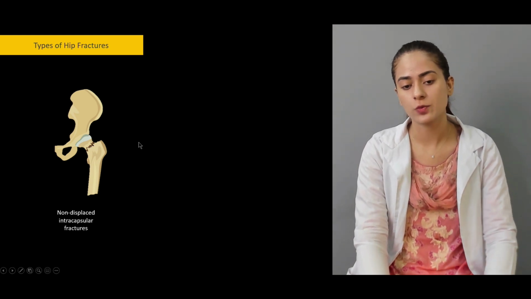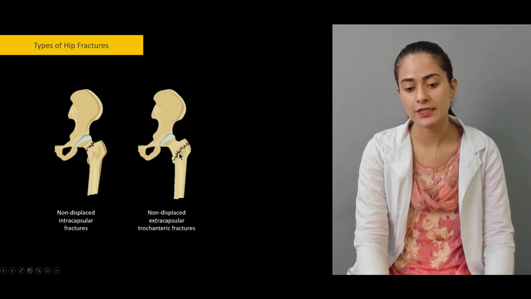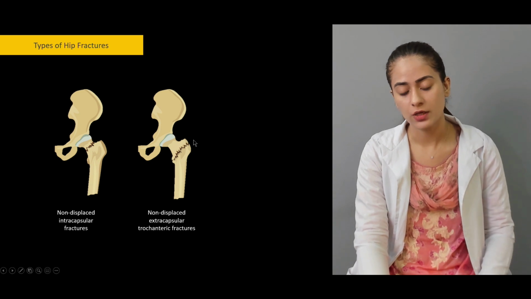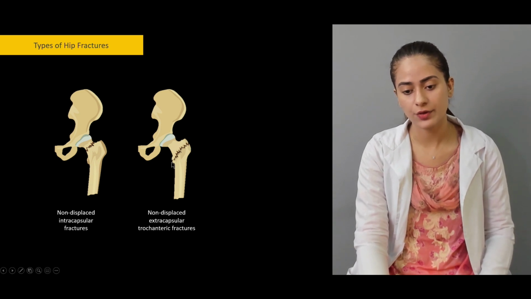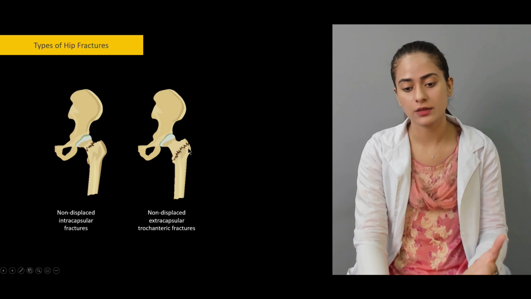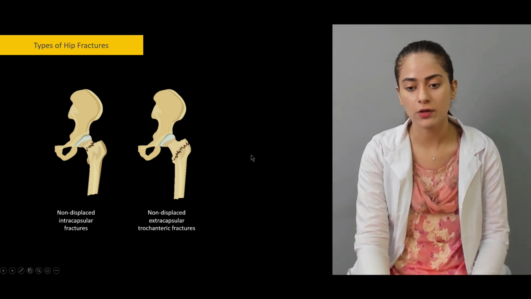So it's non-displaced here. And then here we have a trochanteric fracture, moving from the greater trochanter to the lesser trochanter. It's extracapsular because it's outside the capsule of the joint. We can call it an intertrochanteric fracture as well.